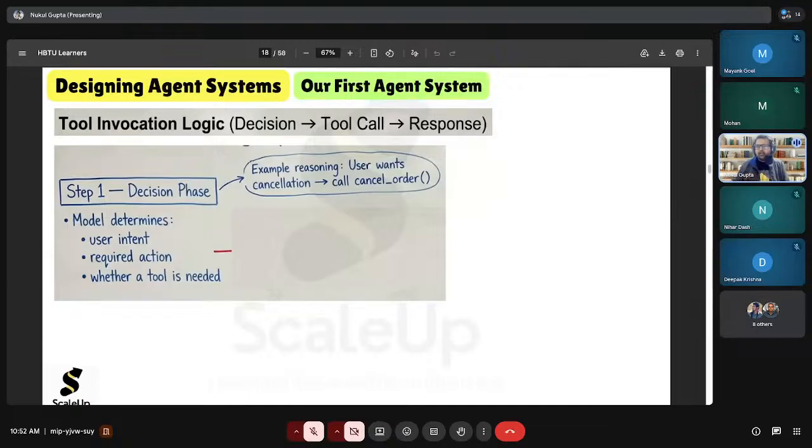For example, if the user wants cancellation, then the LLM knows it will have to call the cancel order function. So the cancel order function is a tool. It's an external tool, a function which we have created ourselves. In that, a logic will be there which will cancel the order.